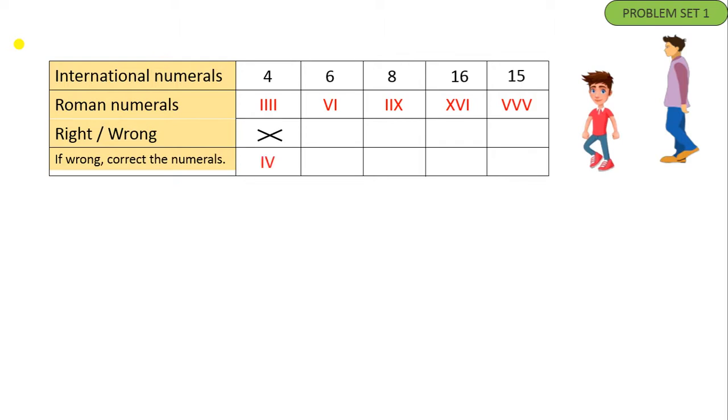Then, the second number is 6, and for it the Roman numeral is VI, and it is correct. Next number is 8, and for it the Roman numeral IIX is given. Again, by the rules, it is wrong. The correct Roman numeral for number 8 is VIII.